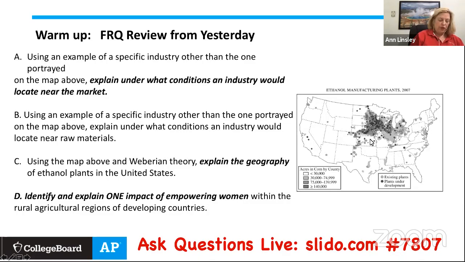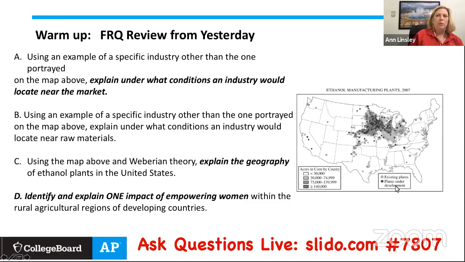This was a very good question when we had it. This was also a good lesson that I use when I'm working with teachers and students face to face a lot of times, because this is an exercise in reading everything that's on the map, and we can't stress that enough. And I'm going to say that a couple of times with this particular presentation as well. This map tells you this is ethanol manufacturing plants, and then it tells you existing plants and plants under development.